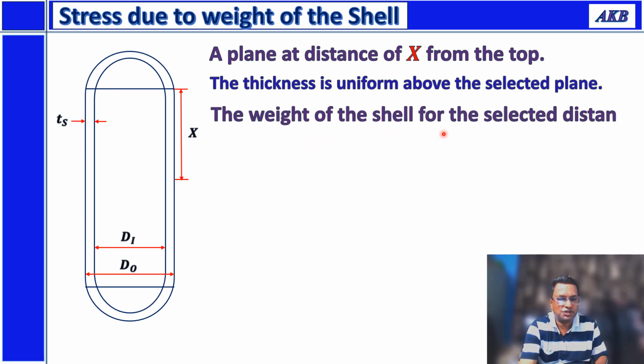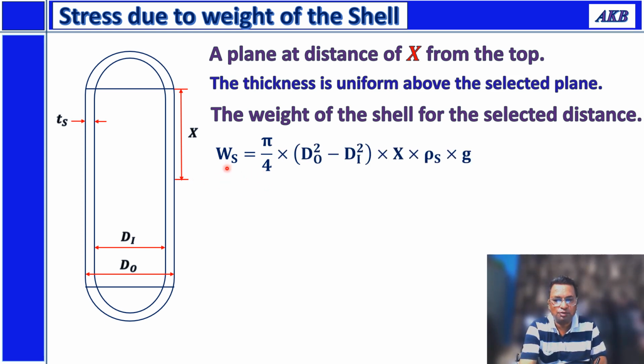Now, the weight of the shell for the selected distance: we want to know what is the weight of the shell for this much portion. Let us denote it as Ws. So Ws will be pi by 4 into (DO square minus DI square). So pi by 4 (DO square minus DI square) will give us this area.